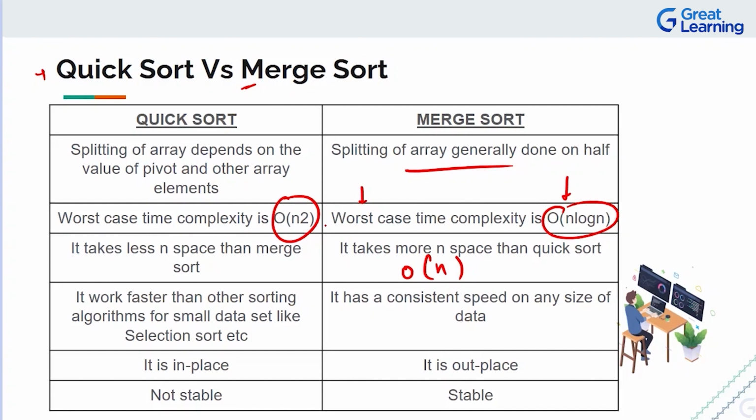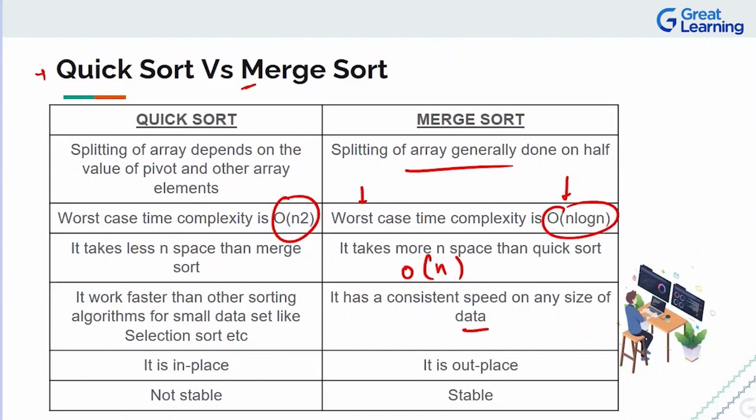If you talk about consistency in terms of the size of the elements, it does not depend on whether your data sets are large or small. That means number of items. Whereas if you talk about quicksort, it is faster than other sorting algorithms for small data sets like selection sort. In selection sort, if the data set is small, it will take a huge amount of time. Not huge, but comparatively, quicksort will be faster than selection sort in that case.